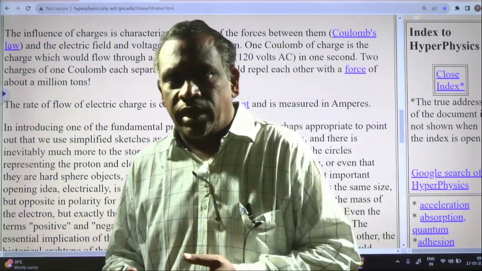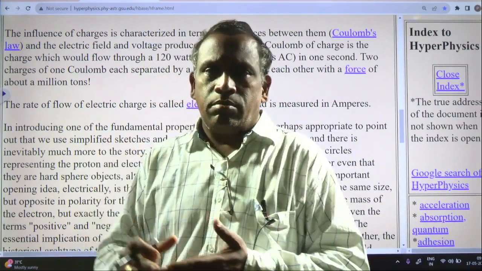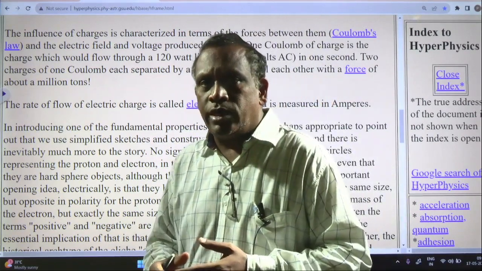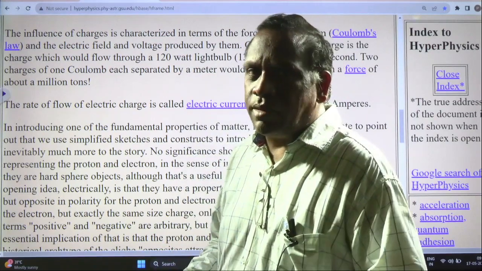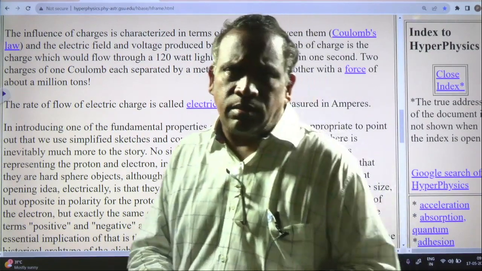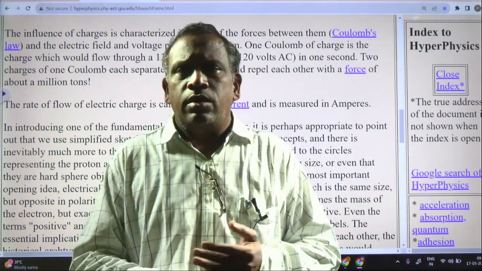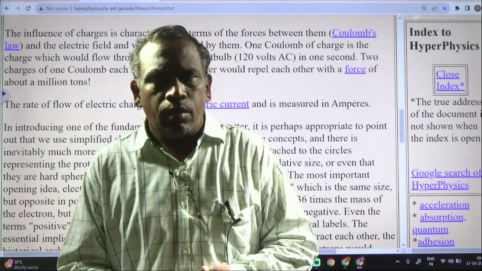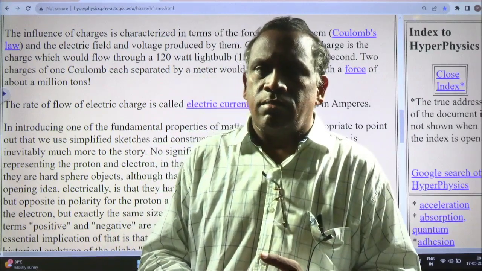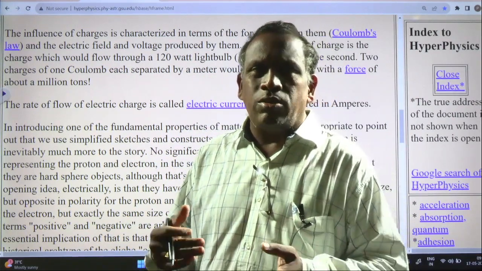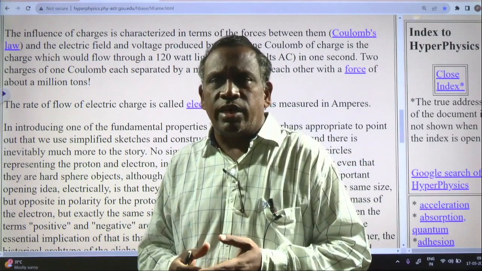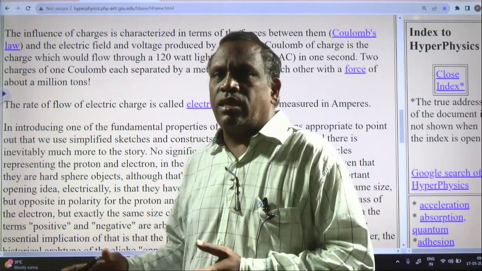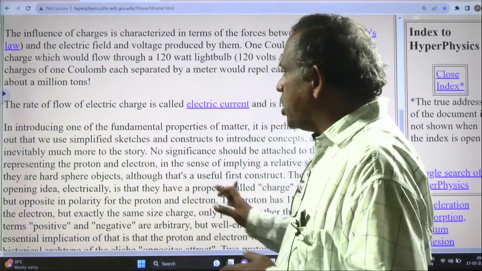Examples of conductors: all metals are good conductors, like gold, silver, aluminum, etc. Semiconductors are germanium, silicon, etc. Insulators do not allow charge through themselves; they are rubber, plastic, etc.